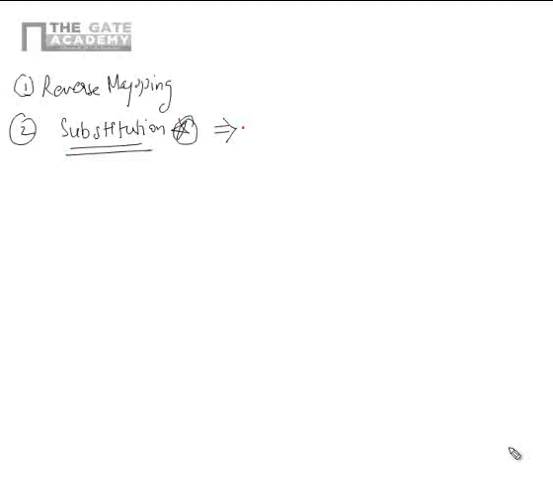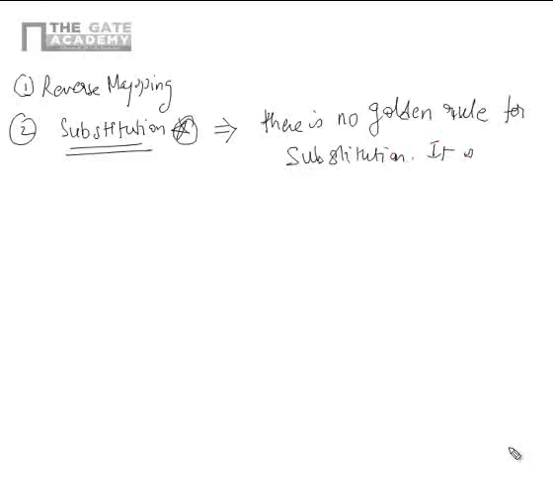There is no golden rule for substitution. It is by analyzing the given problem only. It means I cannot find a trick which can be applied across every problem.